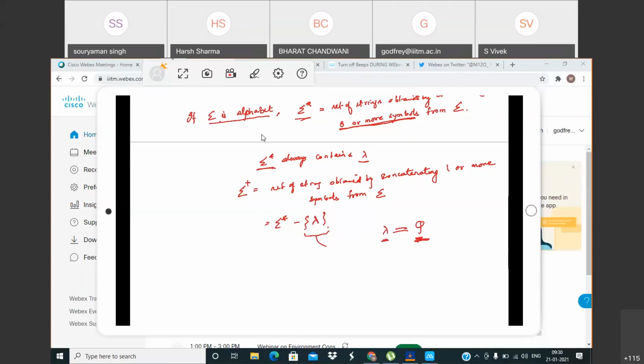The empty set you denote by phi, and it is not the same as lambda, because you can always have a set with the lambda symbol, and this is a non-empty set.